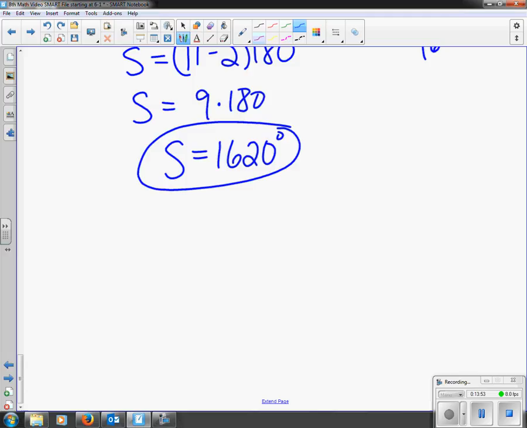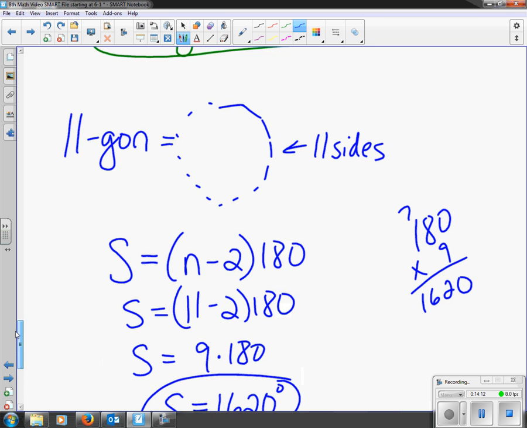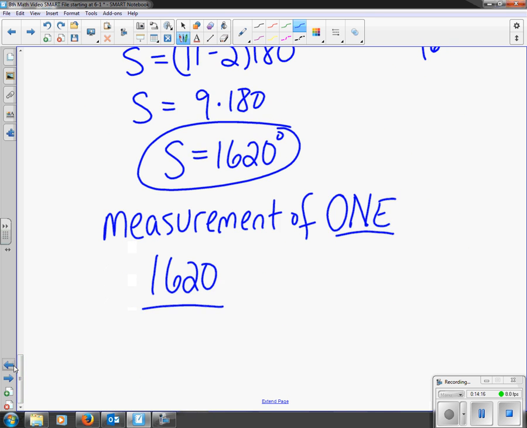But now if I wanted to know the measurement of one of those angles, to emphasize just one of the angles, we have the 1620 now, and we divide it by how many angles that figure had. It had how many angles? It would have 11, because if there are 11 sides, there are 11 angles. So 11. Again, on the side here, and we round to the nearest tenth if necessary.